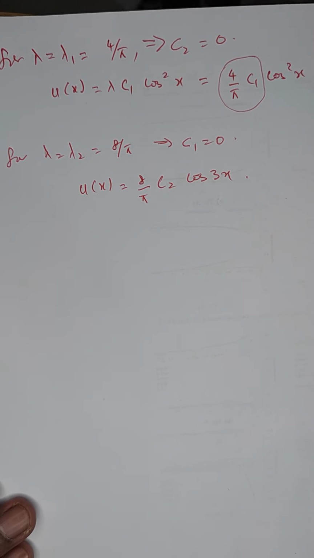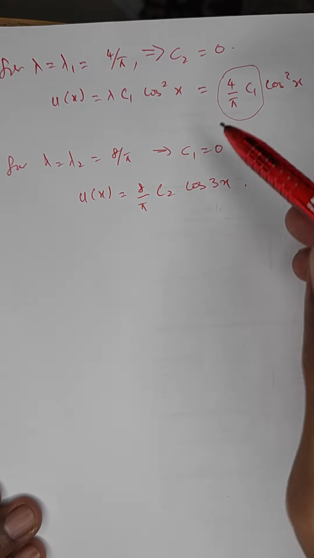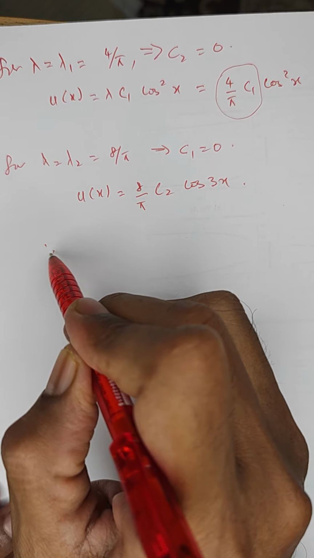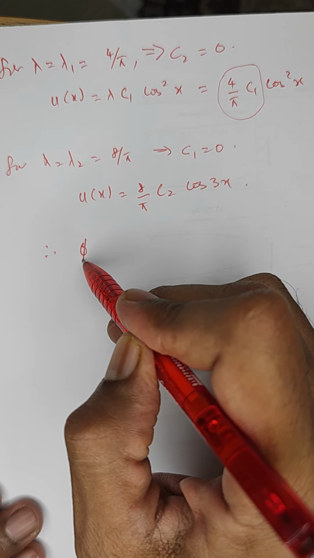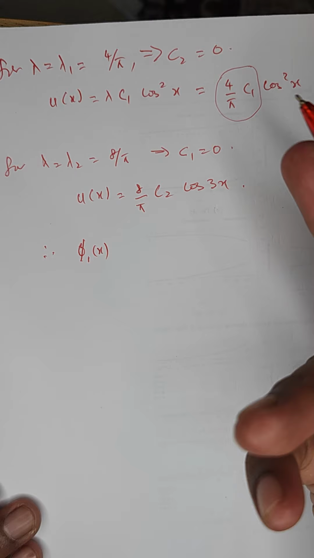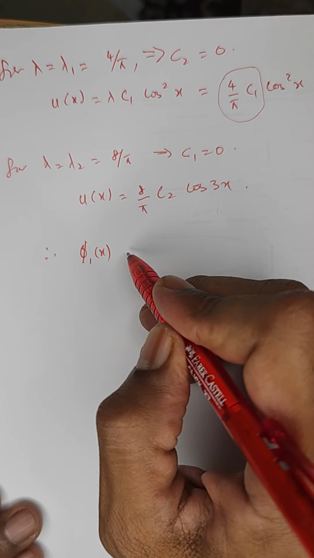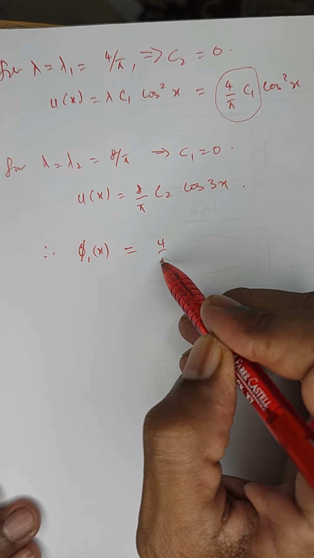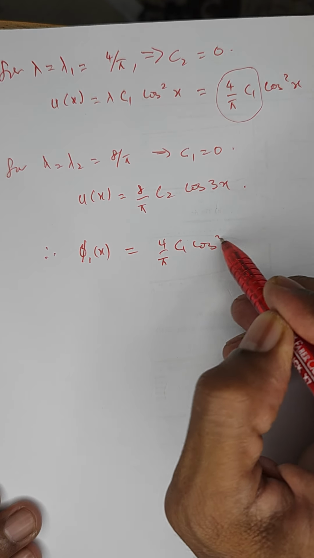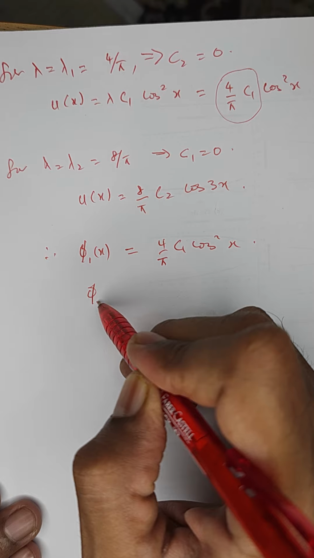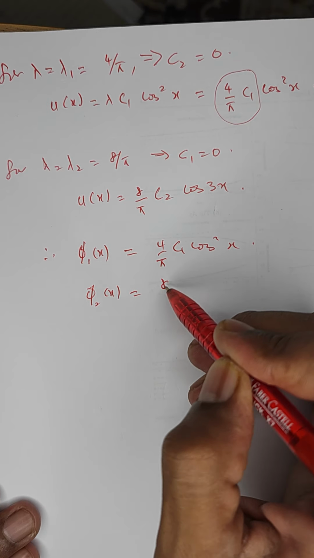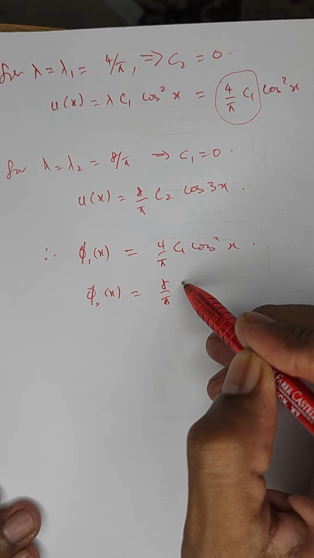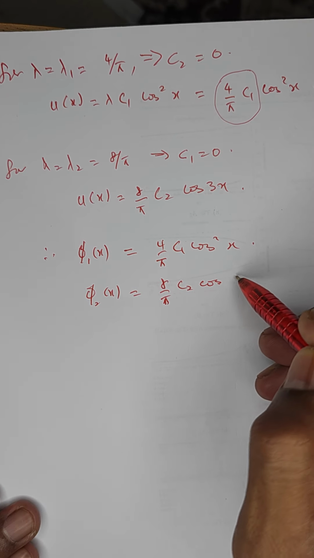So therefore we have phi 1, which corresponds to lambda 1. The solution is 4 over pi C1 cos squared x, and phi 2(x) is 8 over pi C2 cos 3x.